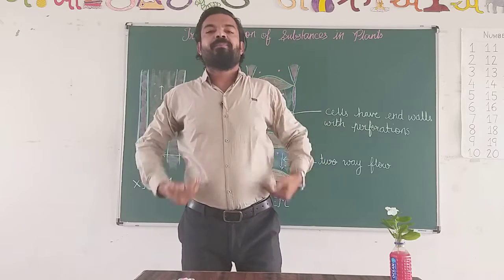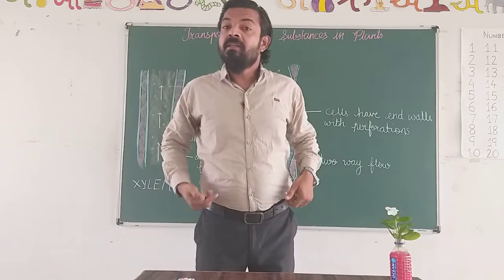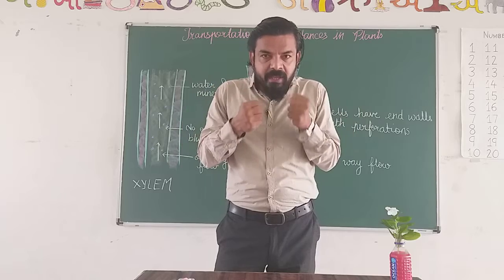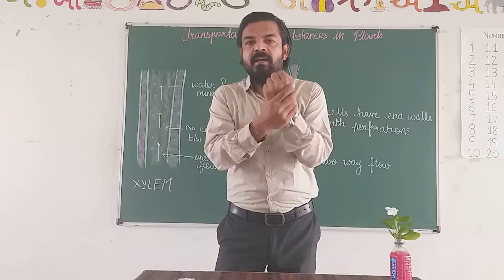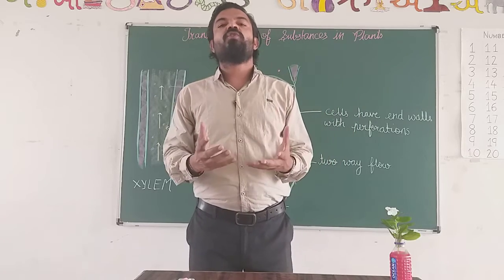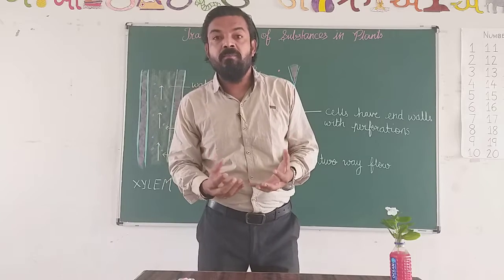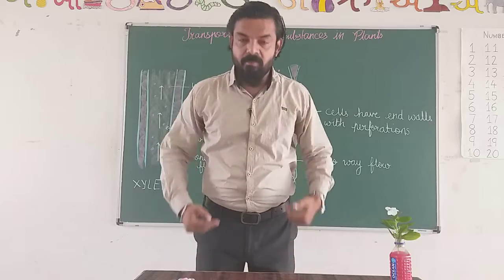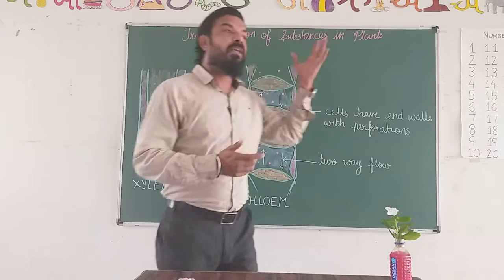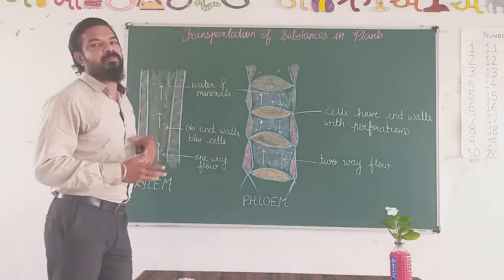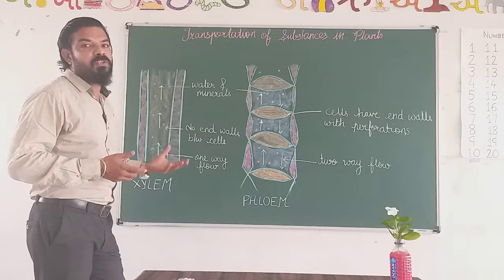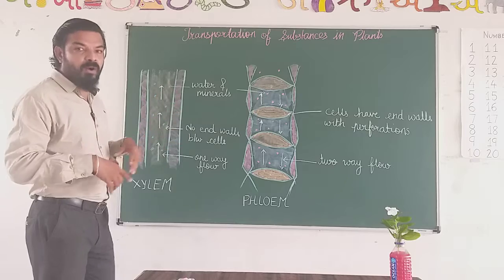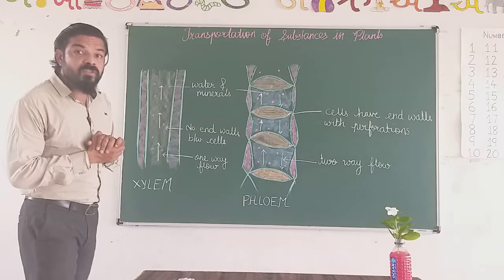Our body is made up of cells. Cells combine together to make tissue, tissues combine together to make an organ, and organs combine together to make the body. Similarly, here also lots of cells combine to make tissues, and tissues combine to make the branches, fruits and everything. We will also understand about the function.